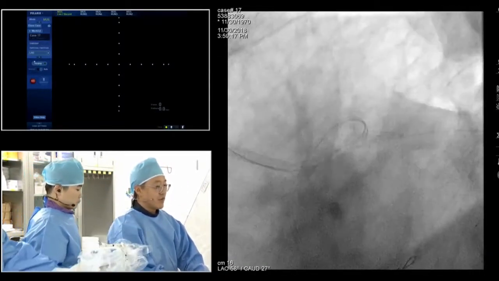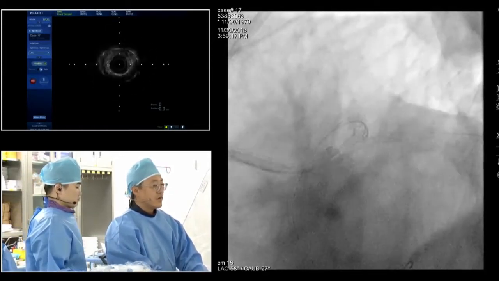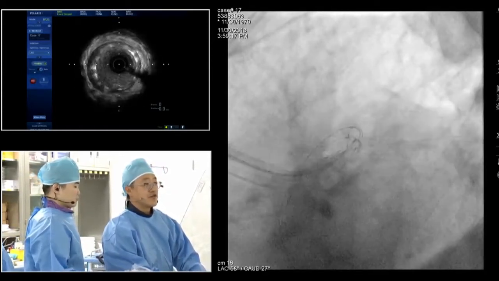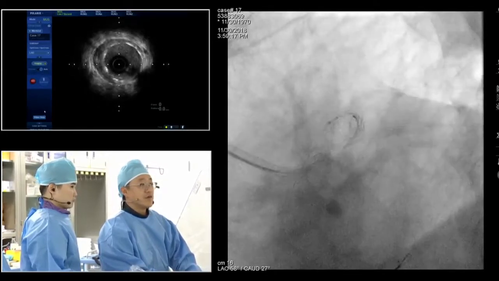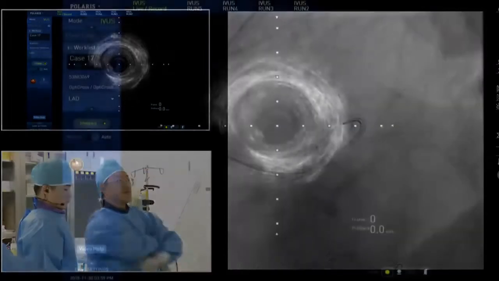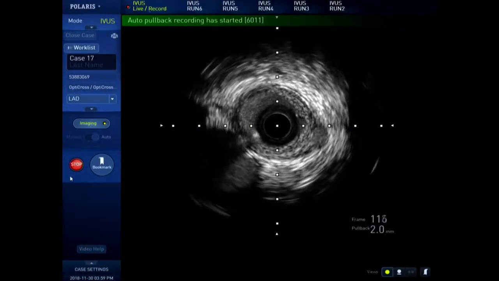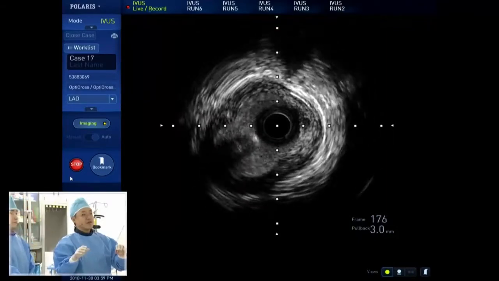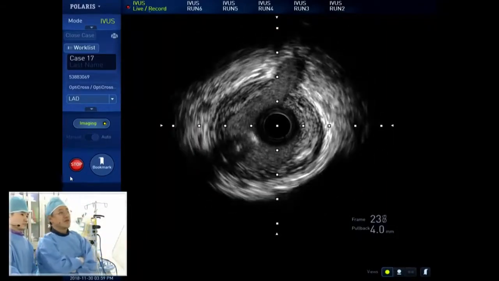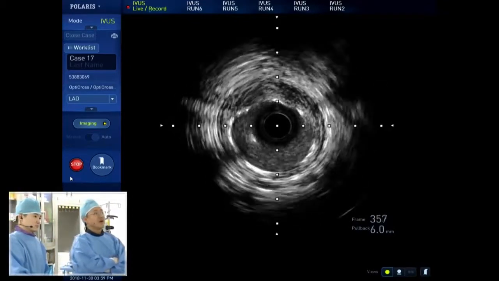And this complex PCI meeting shows many cases treated well with TCB alone. Okay, this is distal part of the LAD. Okay, go. Ready? Great. On the basis of IVUS, we put an additional short segment of 3.0 to cover the plaque area.